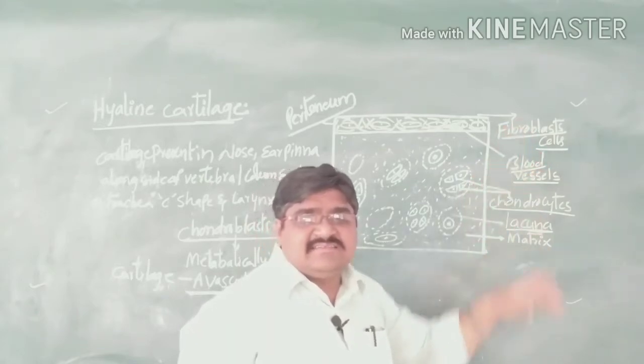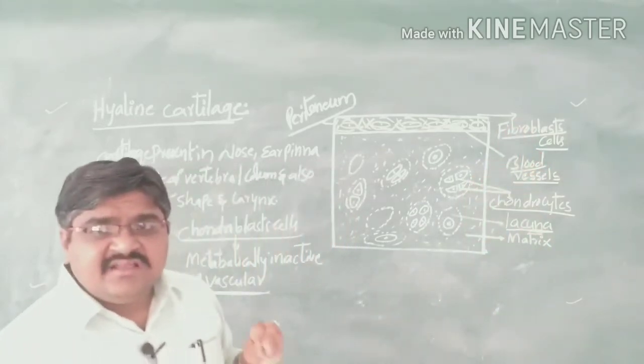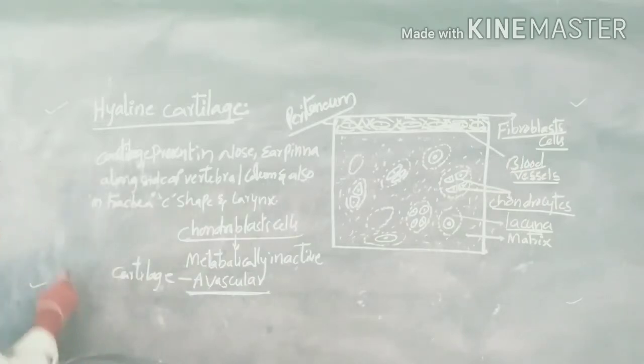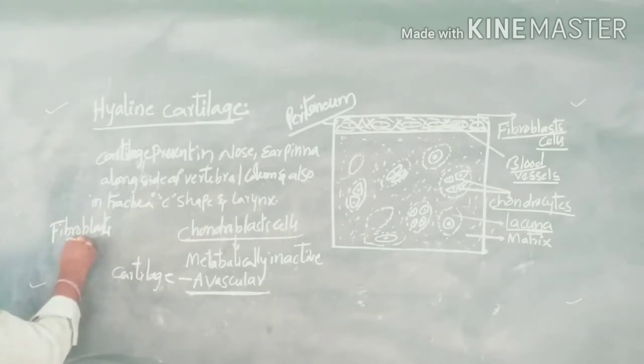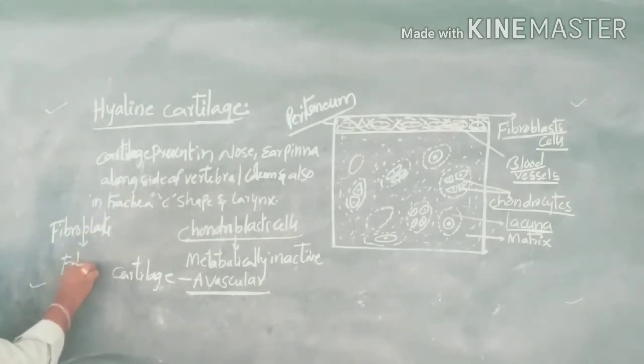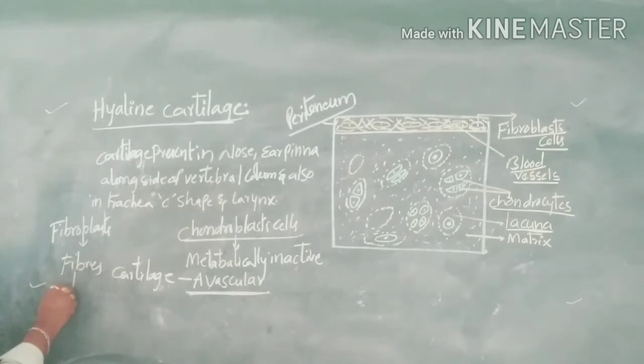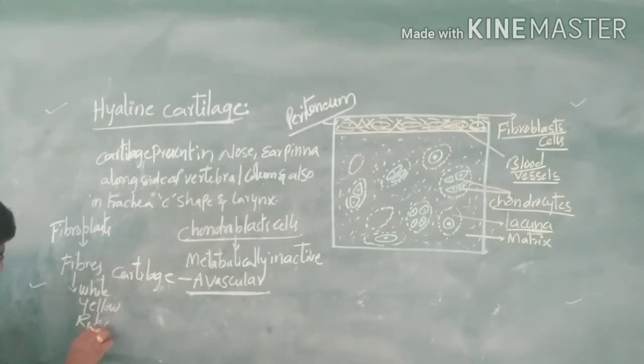And it also consists of fibroblast cells. These fibroblast cells will secrete the fibers: the white fibers, the yellow fibers, as well as the reticulate fibers.